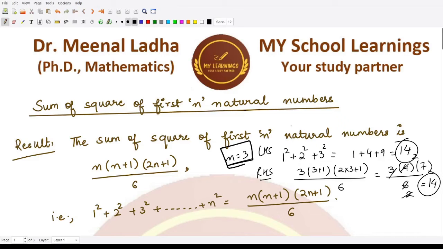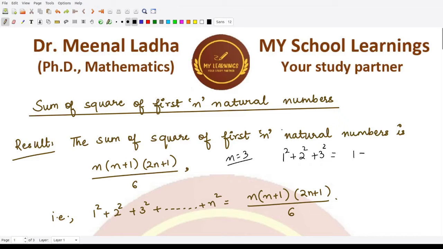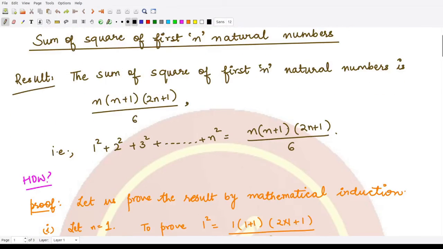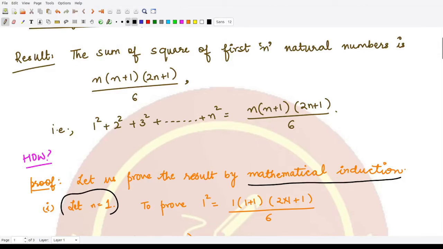Now this is just an example, but we want to prove it for all natural numbers. So let's proceed with a formal proof by the principle of mathematical induction. First we are required to prove the result for n is equal to 1.